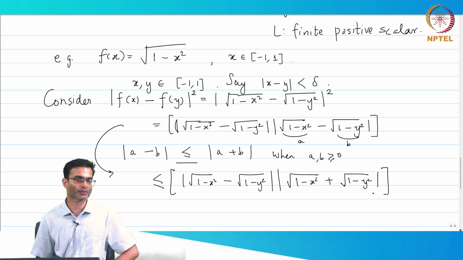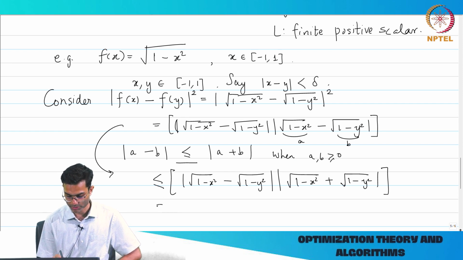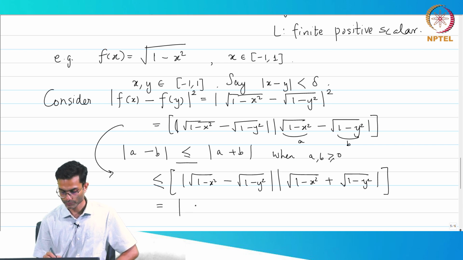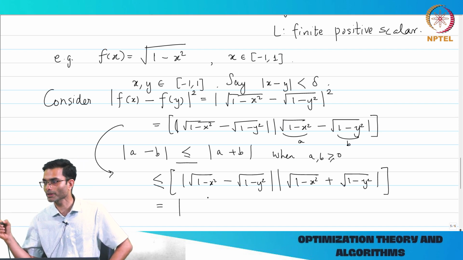A square minus b squared. The mod still has to be there because the overall thing is a positive quantity. So this becomes equal to root of a square minus b square, which is going to be what? 1 minus x squared minus 1 minus y square. What do I get?